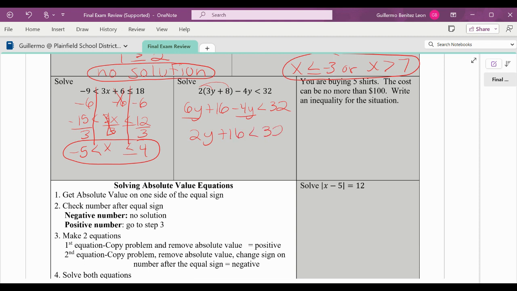You do not have to do the opposite here because they were both on the same side. And now we solve this. Subtract 16. Divide by 2. And that gets me y less than 8.